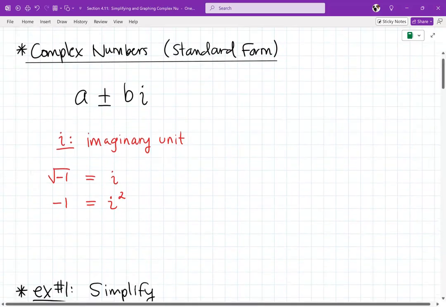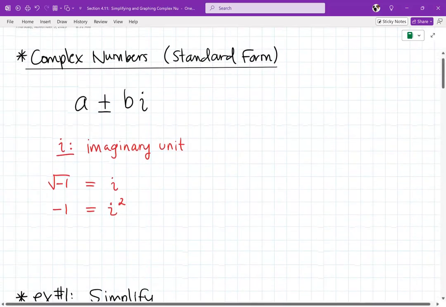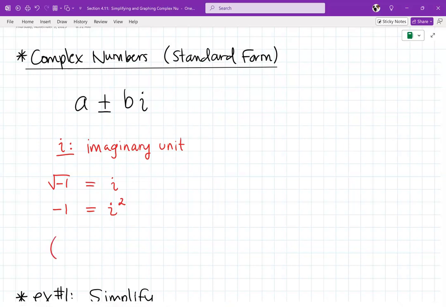Now, there's one other thing I want you to note: the term a plus or minus bi, we can rewrite as a point (a, b), which is identical to (x, y). In other words, your a is like your x value and your b is like your y value.